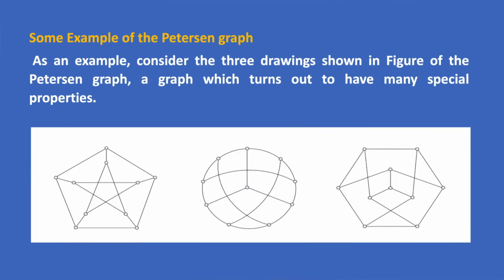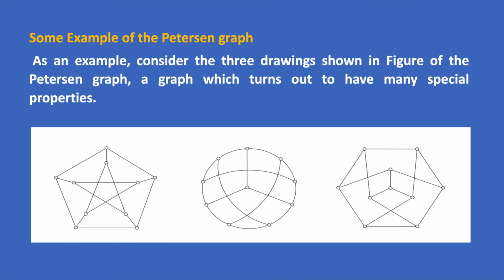We shall see the example of the Petersen graph. As an example, consider the three drawings shown on the screen of the Petersen graph, a graph which turns out to have many special properties. The first picture shows that the 5 vertices of the outer pentagon are similar under rotational symmetry, as are the 5 vertices of the inner pentagon.